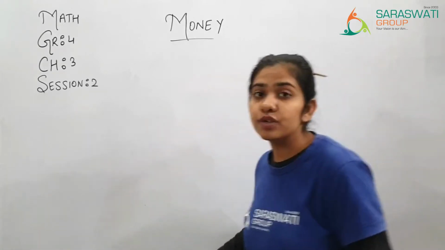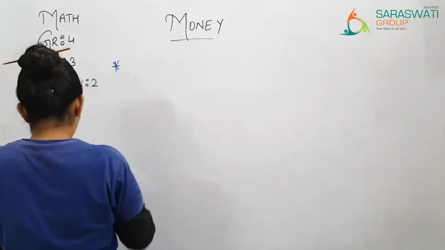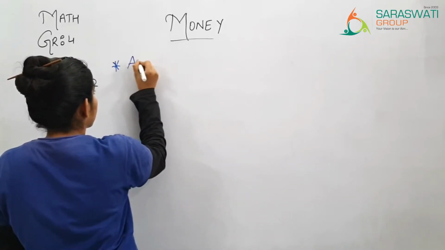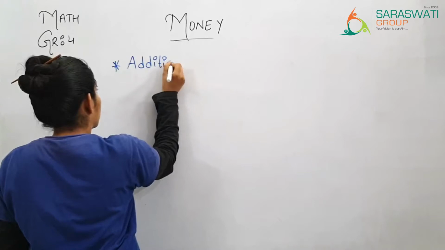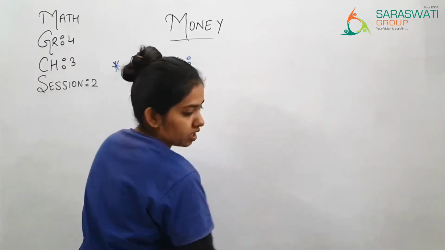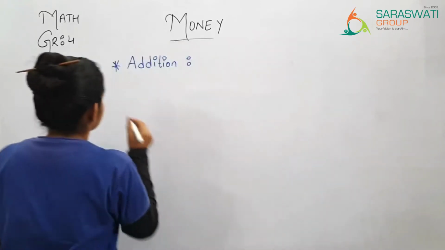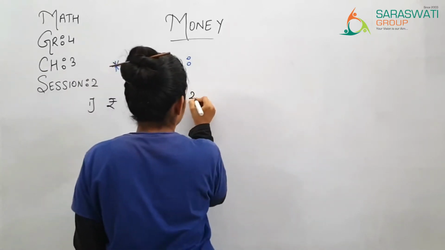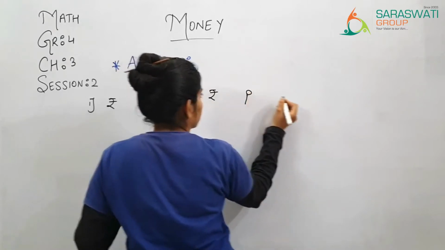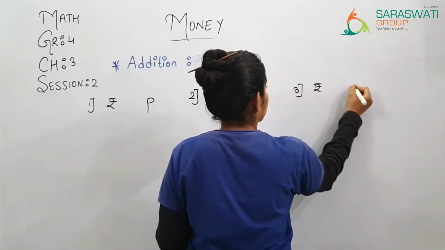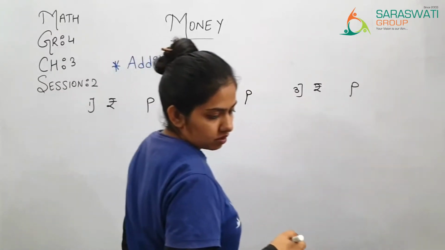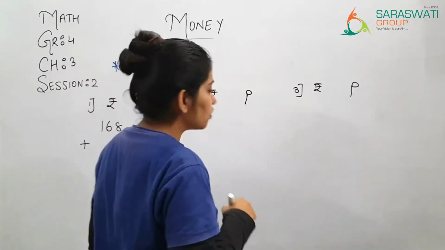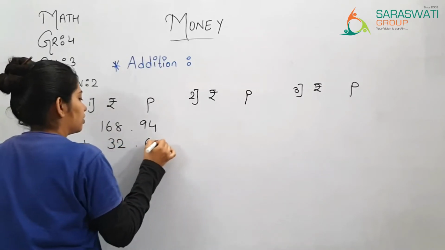So, first we are going to start with addition. $168.94 plus 32.67. So now what are we supposed to do?